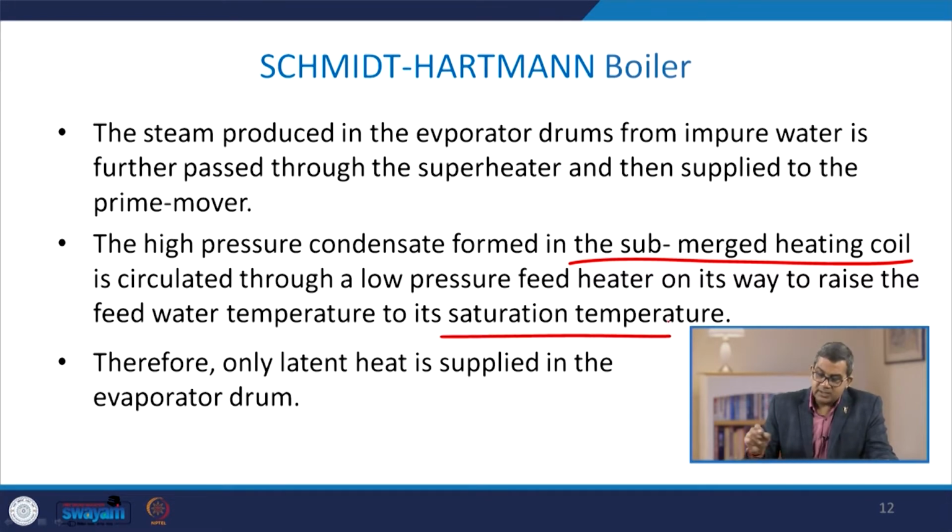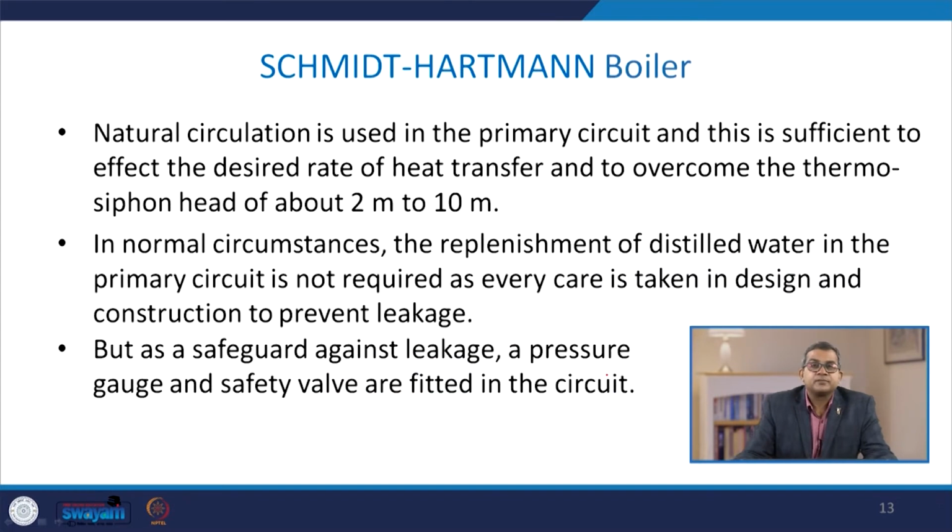So, knowledge about the saturation temperature under the given pressure is quite essential. If we know all this and optimize it, only latent heat needs to be supplied in the evaporator drum.